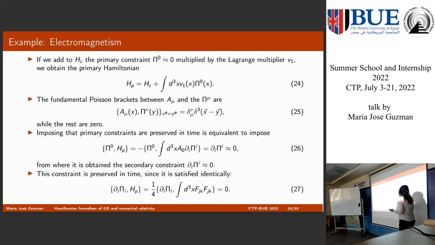And why do I call it weakly zero? Because this is a constraint. First, I didn't have any restriction between the pi and the A nu. Here, like in electromagnetism, the phase space changes to pi nu and A nu. Yes, this is exactly zero after I do all the procedure.